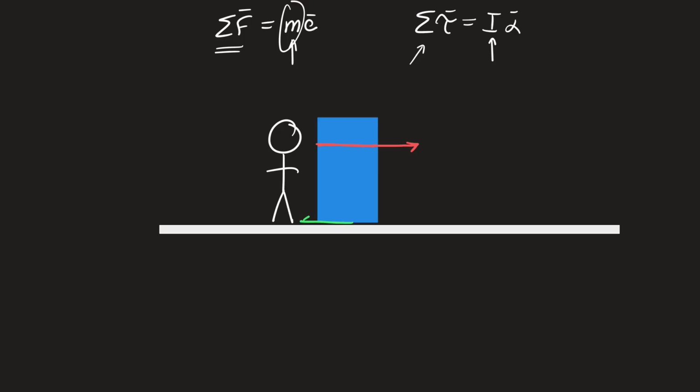Well, that's going to act down here along the bottom surface of the box. There's going to be gravity acting on the box, and that's going to act, assuming that the center of mass of the box is at its center, say, here. And then there's the normal force on the box, which will act on the surface as well. But it acts at the surface.